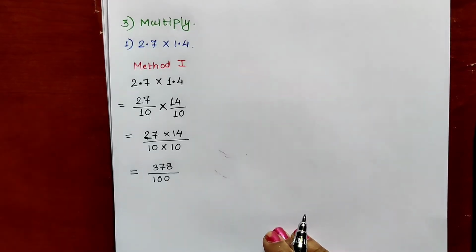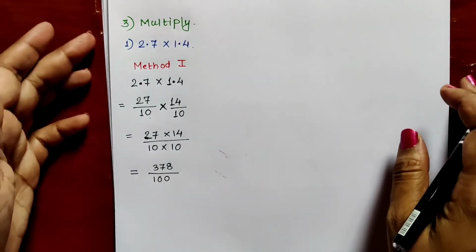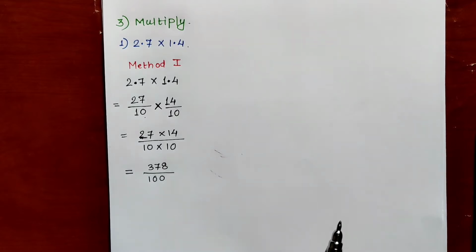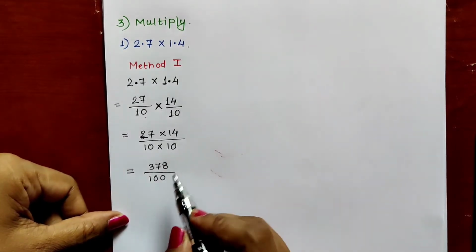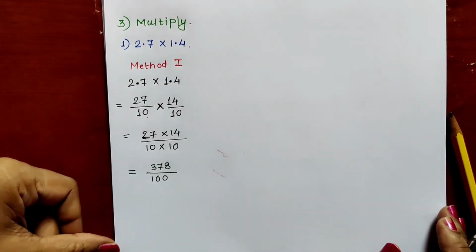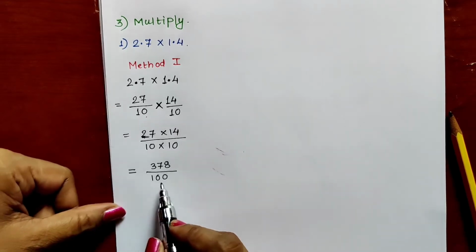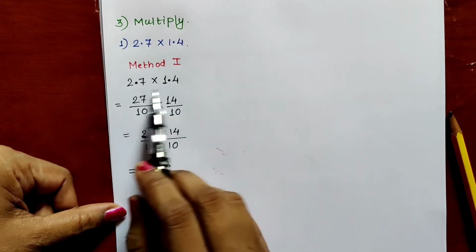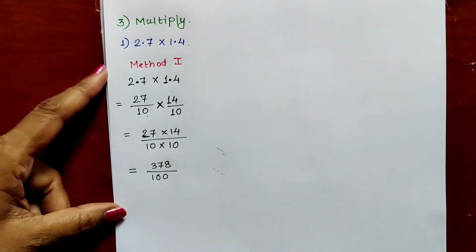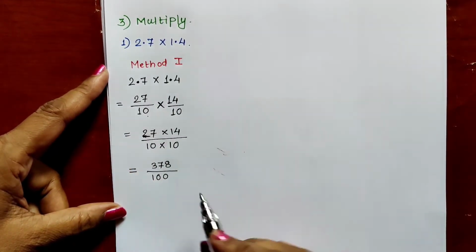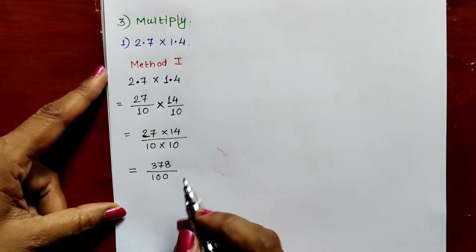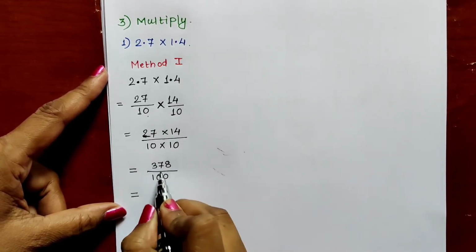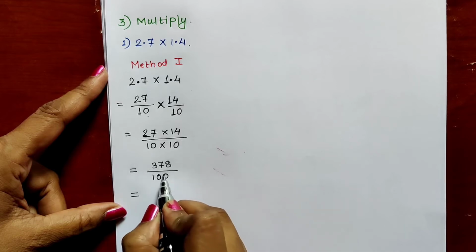Now 378 upon 100, if you want, you can convert it into the decimal fraction. We have to convert it in the decimal fraction because our question is in the decimal fraction. Both these numbers are having decimal points, and that's why we have to convert this answer into decimal fraction. So 378 upon 100, in 100 there are 2 zeros.